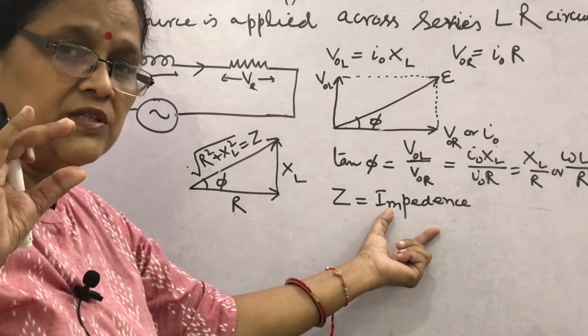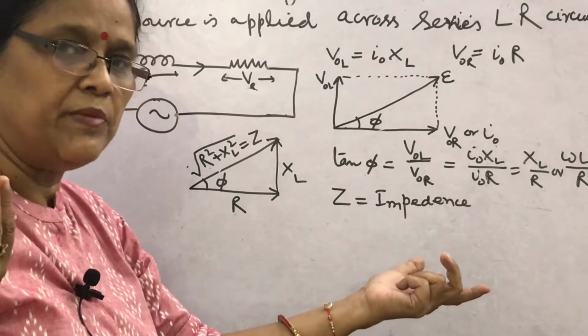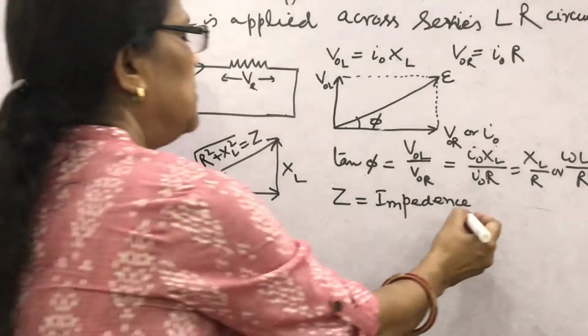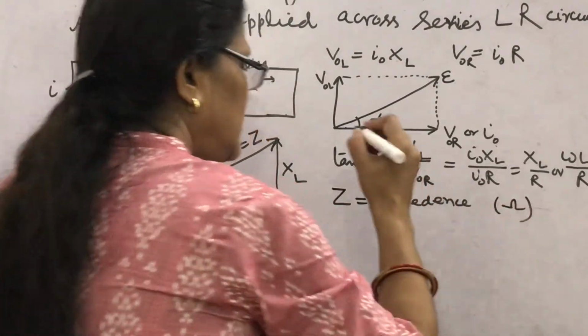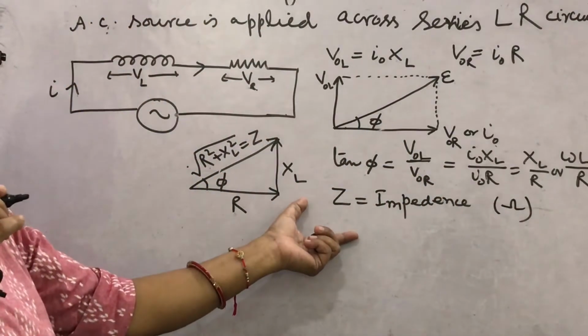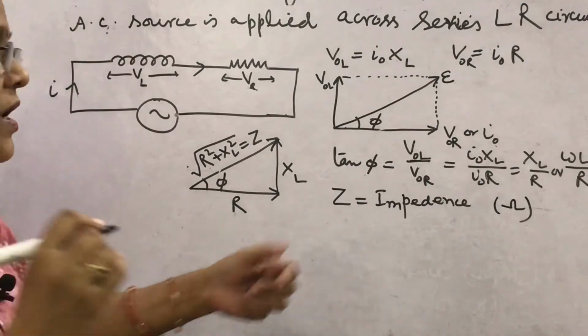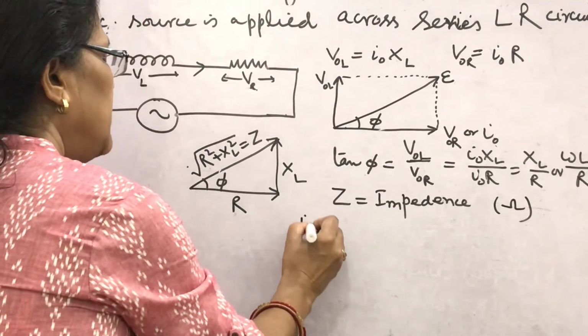Learn this definition. What will be its unit? Simple, ohm. So its unit will be ohm. Now this is the hindrance, and how can you write I naught?